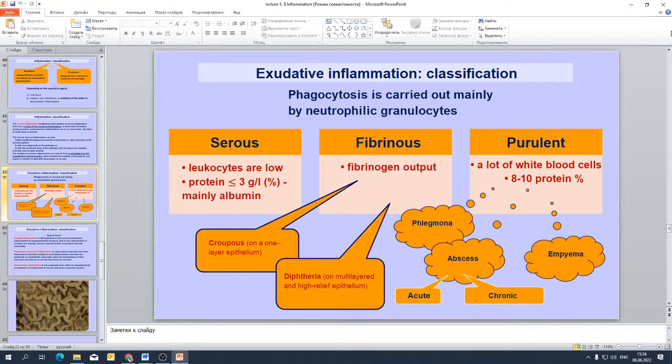What is the name of the tissue? What is the name of the cells? Write to me the cells of the microenvironment. Mast cells. Okay, very good.